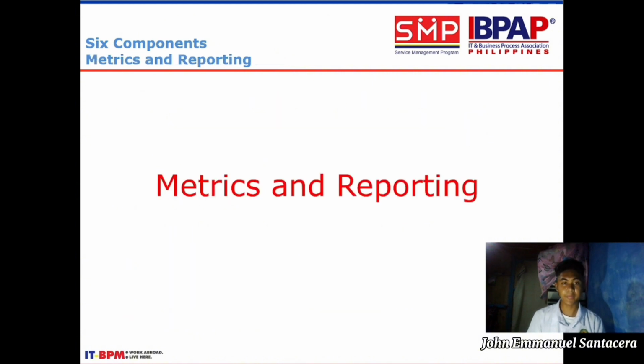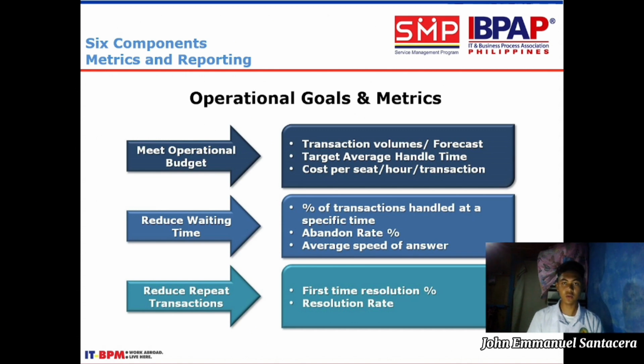Next, metrics and reporting. Operational goals and metrics meet the operational budget. First, the transaction volumes or forecast. It talks about how much or how many are in the transaction.